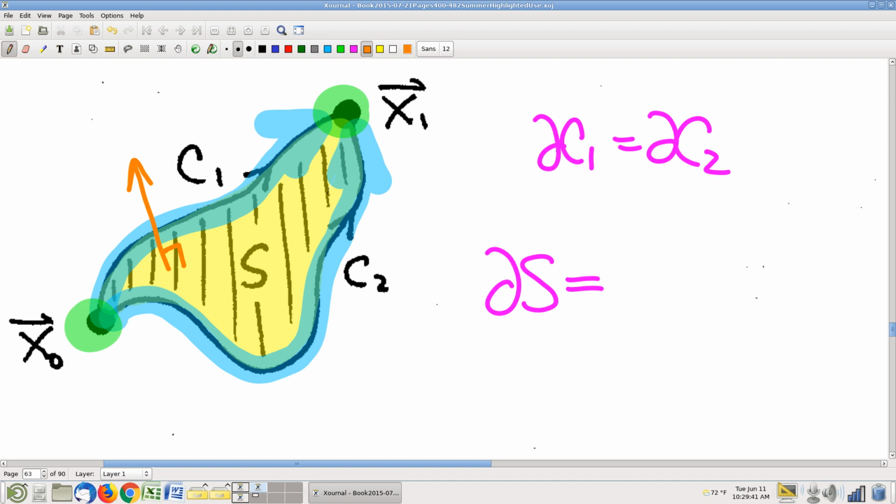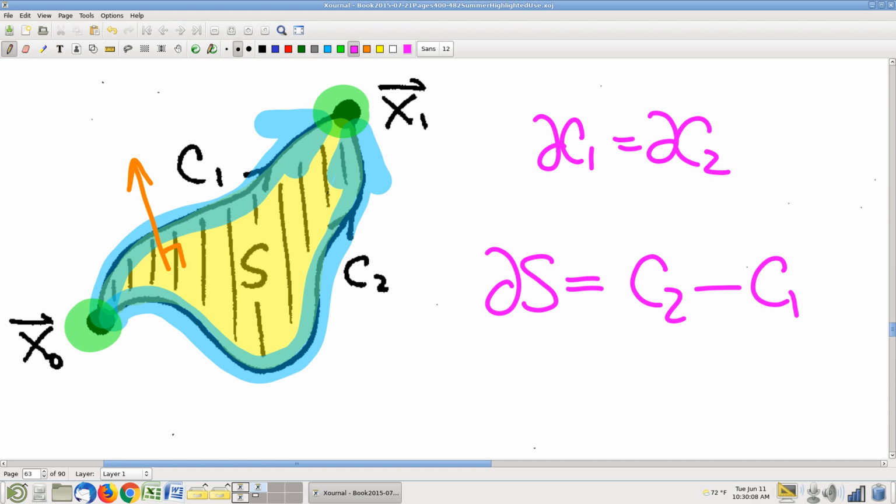But with what orientation? Well, think about your swirls. We're going to be going this way around C2, but then that way, kind of backwards around C1. So the boundary of S is C2 minus C1.